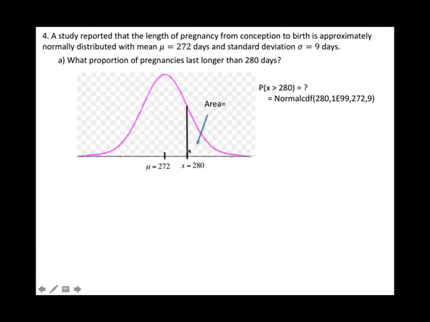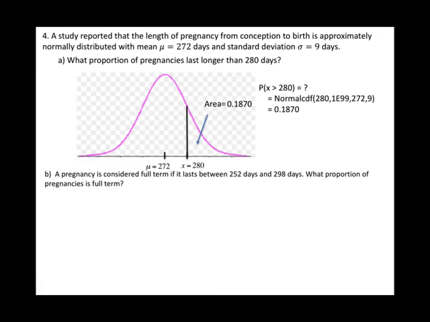The lower value is 280, upper value positive 1e99, and then the mean and the standard deviation. You should get 0.1870. Okay, try the next one.